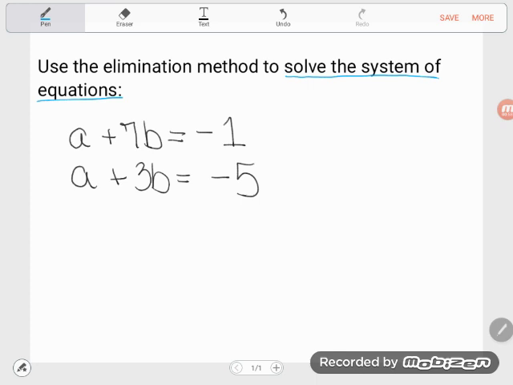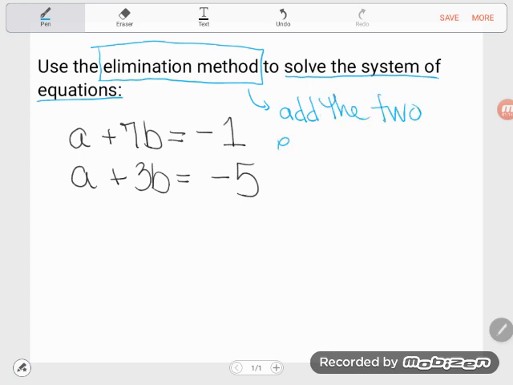Now there's actually 3 different methods to solve systems of equations: graphing, substitution, or elimination. She's been asked to use the elimination method, so we're going to use that. So basically in the elimination method, you are going to add the 2 equations together, but you want to add them together so that one of the letters is eliminated.